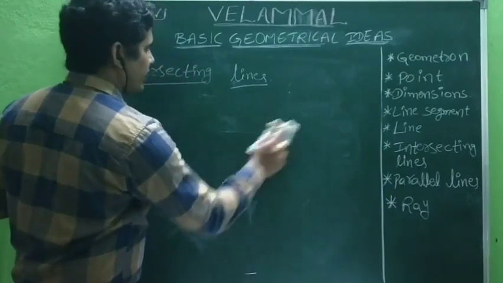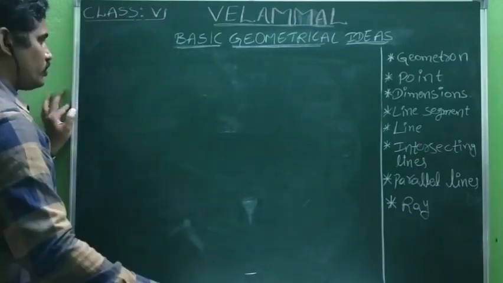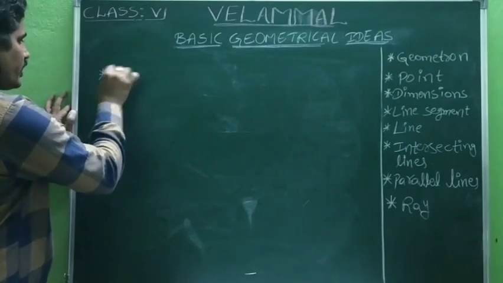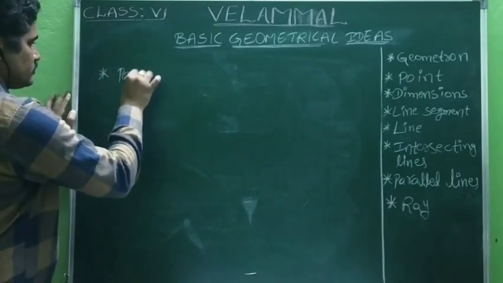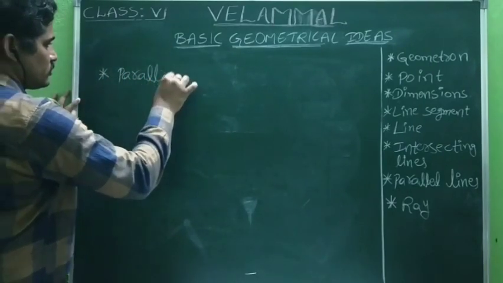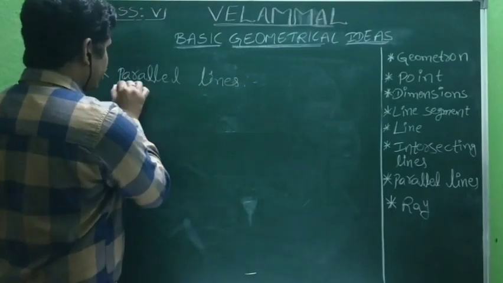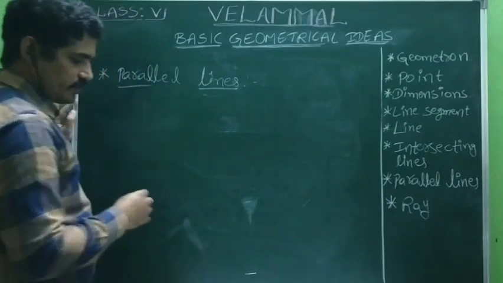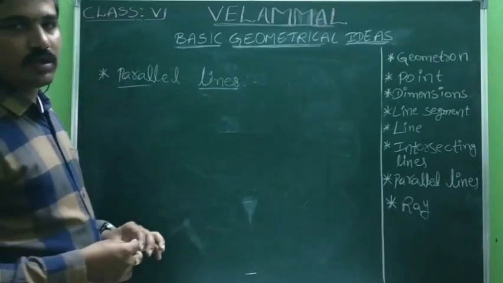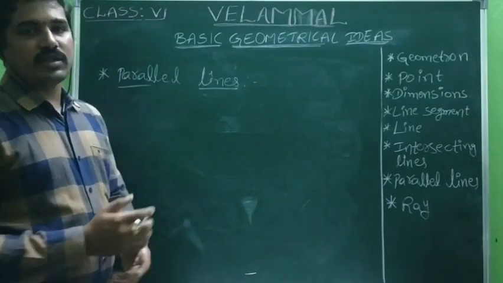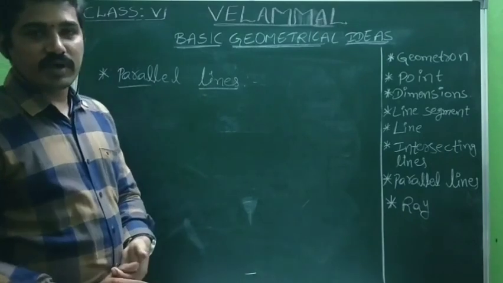Next is parallel lines, a very important one. What are parallel lines? If you observe in your day-to-day life, for example, you take one ruler or scale. The edges of the scale never intersect.